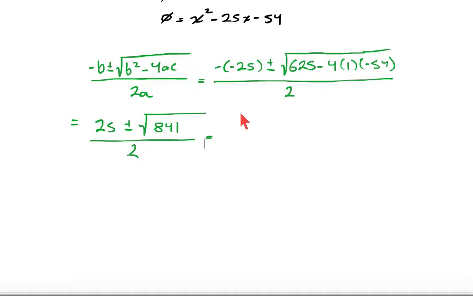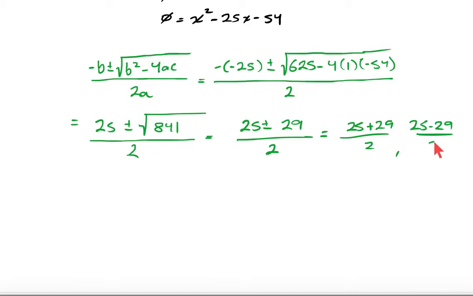That square root, if I decide to simplify it in decimal form, oh, to my surprise, it actually is an even root. This is 29. Beautiful. So it's 25 plus 29 over 2, also 25 minus 29 over 2.